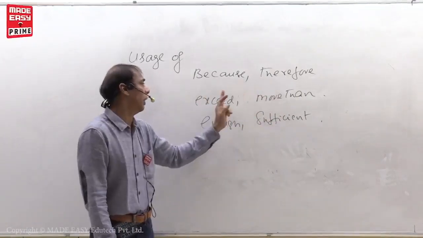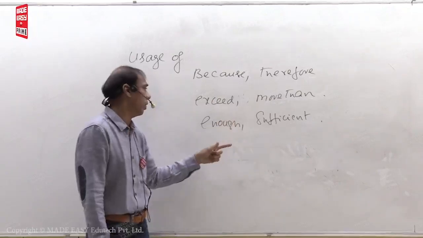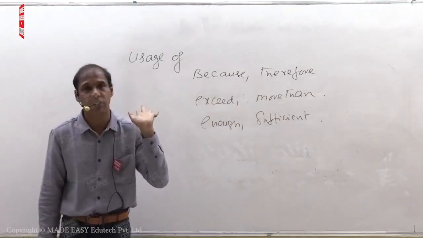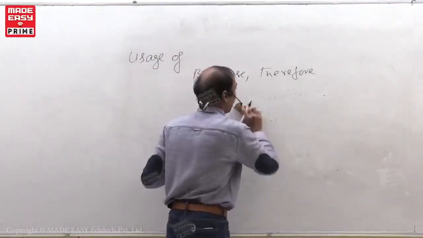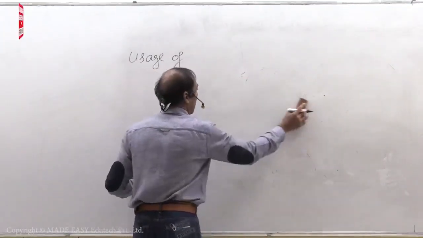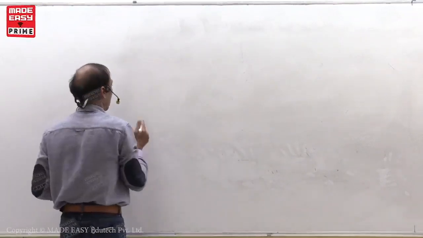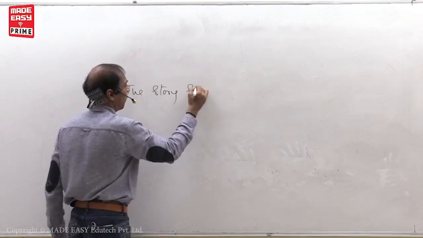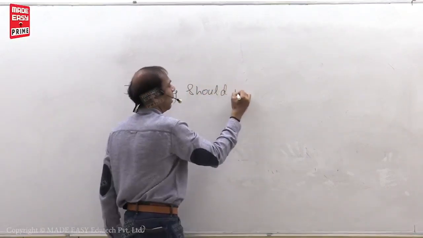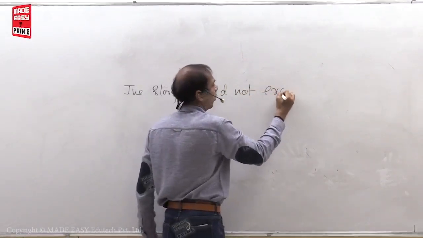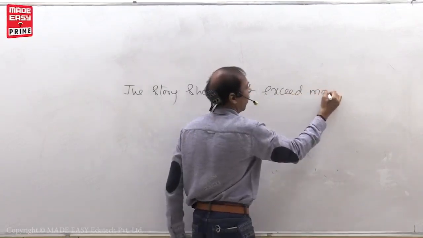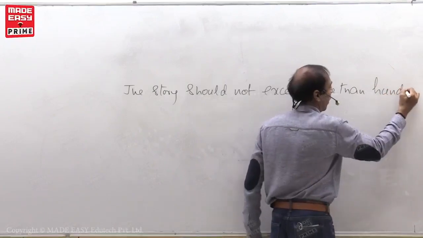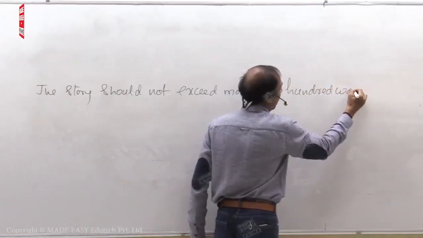See, both are similar in meaning. Similarly, these two are similar in meaning. Don't use two words in one sentence. For example, the story should not exceed more than 100 words.